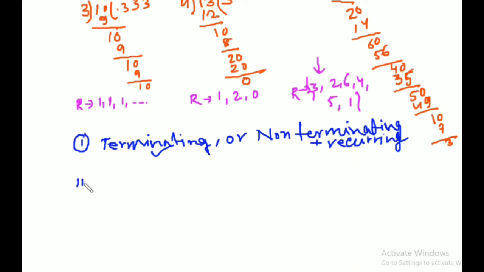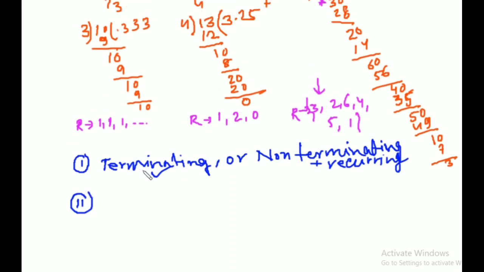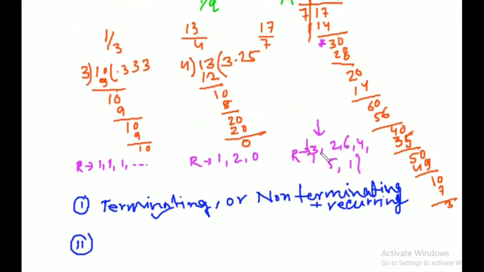In the second observation, what we see is the number of entries in the string. This is the string of remainders that repeats again and again.